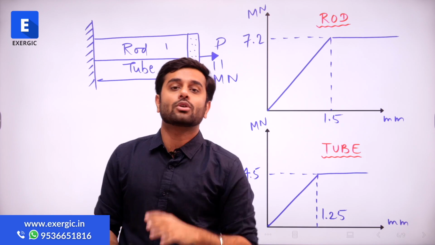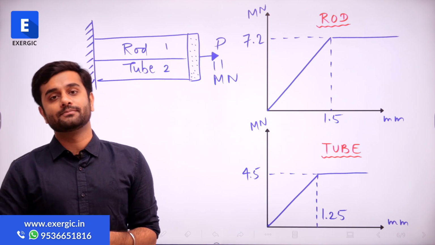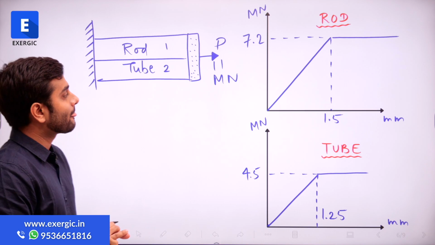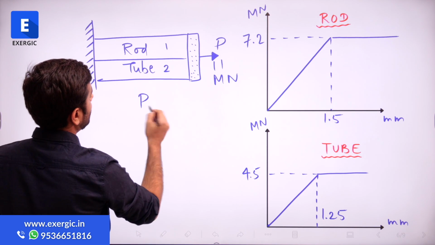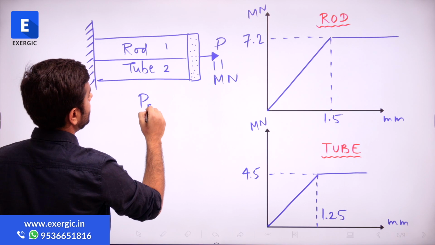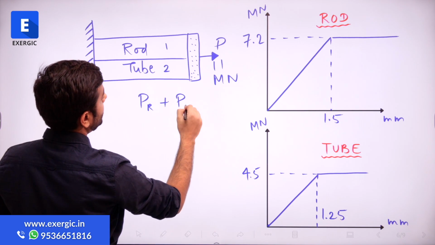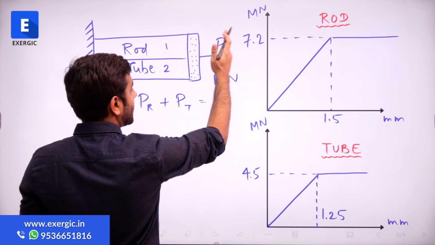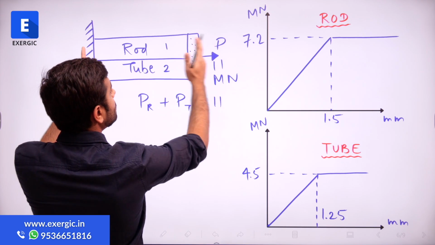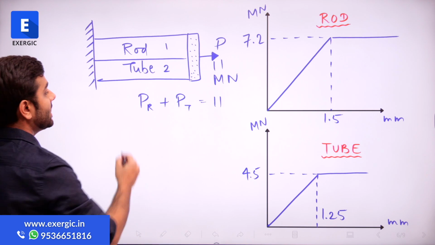But this question is not going to get solved like that. Okay, let me tell you why. If you proceed with that method, what will you write? P1, or let's say PR in the rod, PR plus PT, P of the tube, is equal to 11. And since it is a rigid plate at the end, the deformation for both of them will be the same.